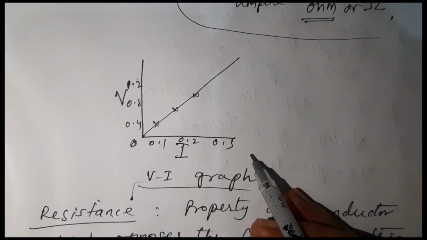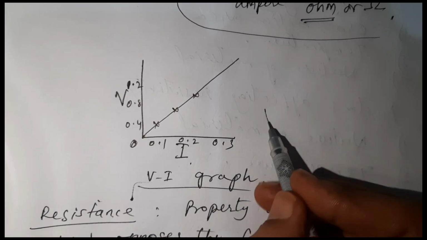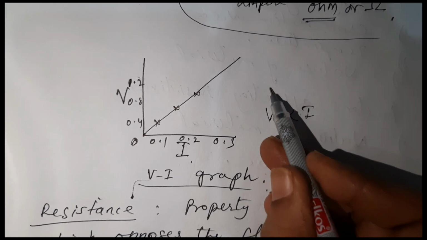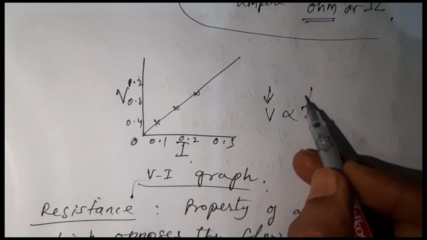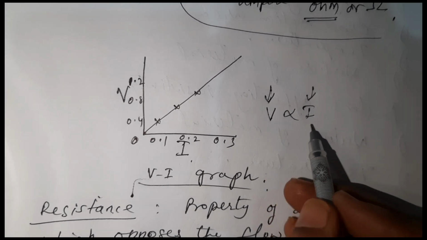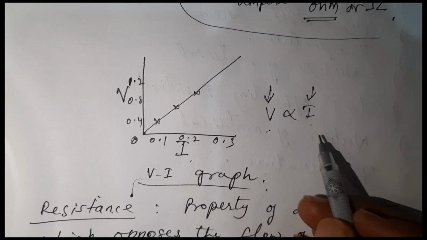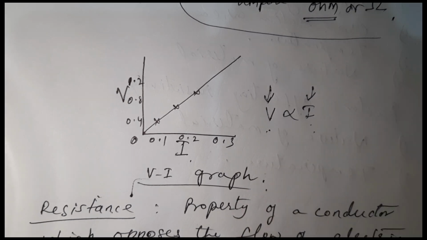So this graph represents that voltage and current are directly proportional. If we increase potential difference, current will also increase. If we increase current, potential difference will increase.